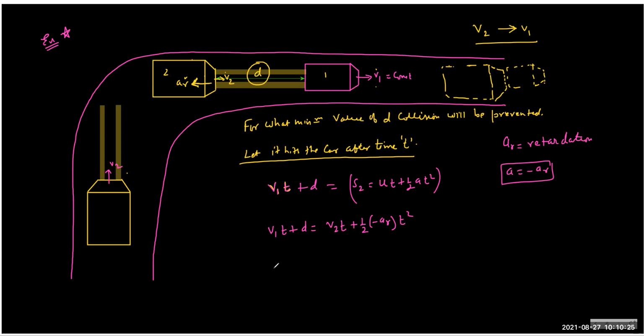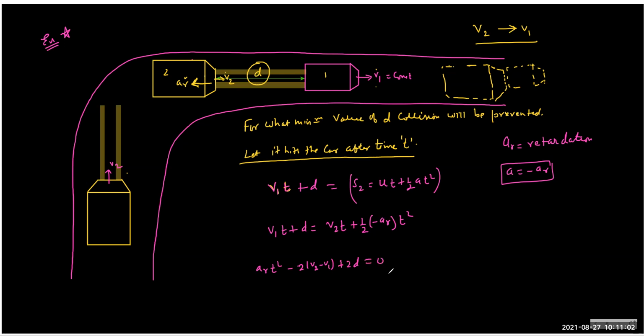And now, if you convert it into a quadratic, v1t plus d, I can write directly: half ARt square plus (v1 minus v2)t plus d equals 0.